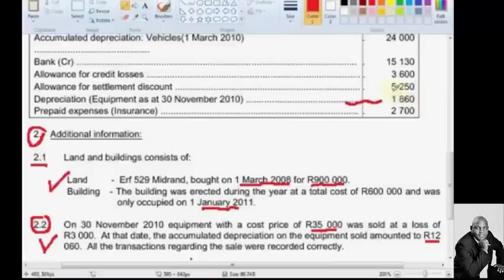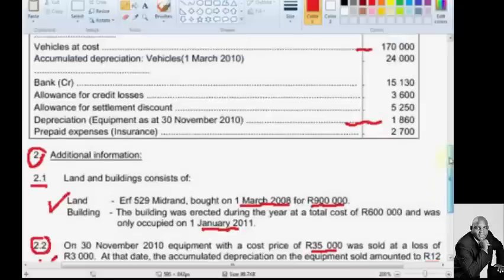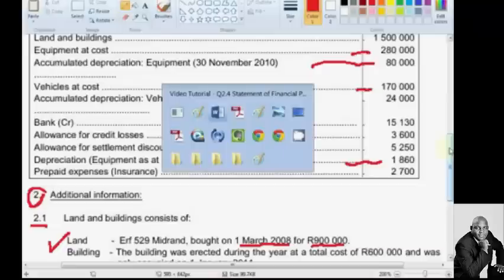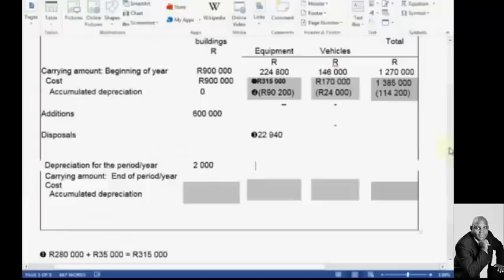We shouldn't forget that we already calculated the depreciation for one of the equipments for the year. So what we need to do is take out the equipment sold and get the depreciation for that. Okay. Let's do that.